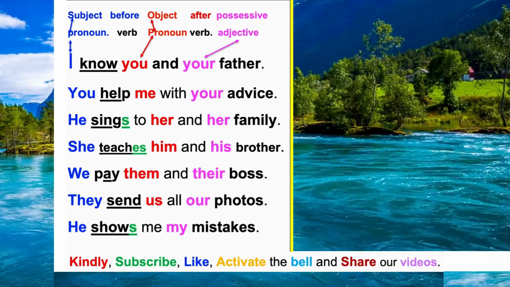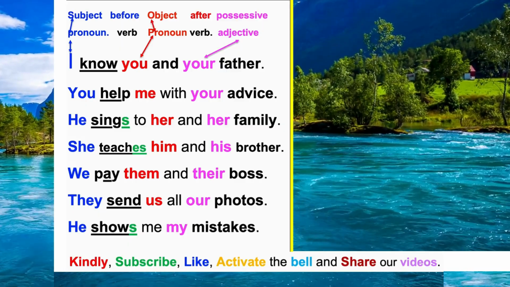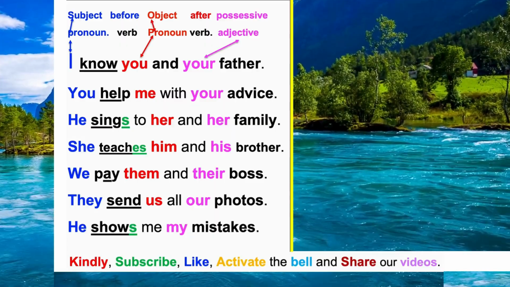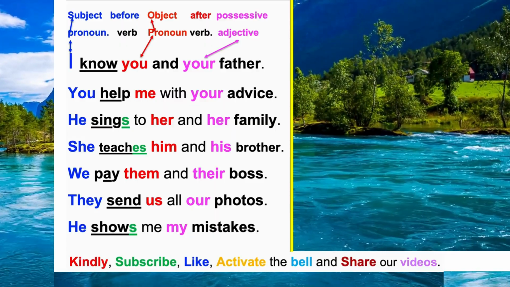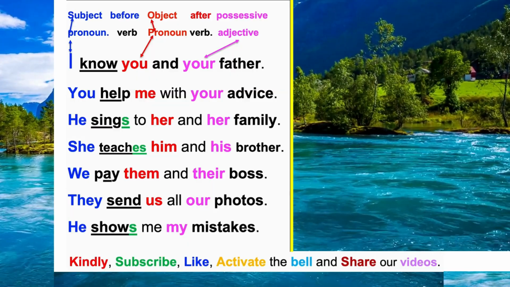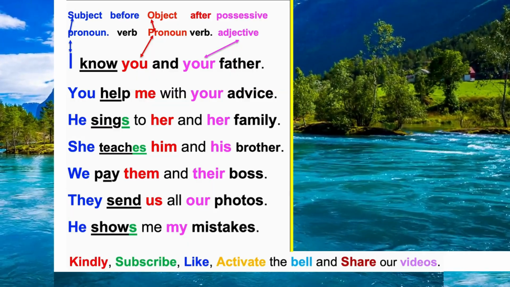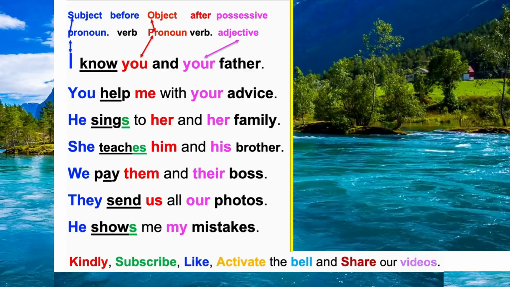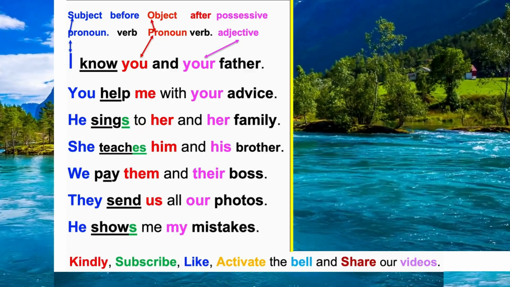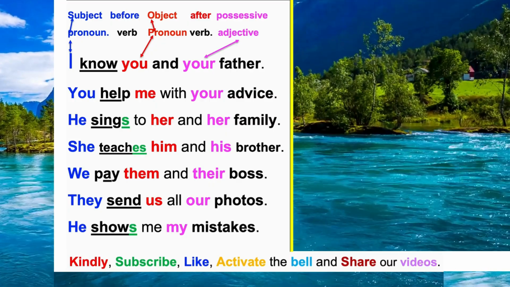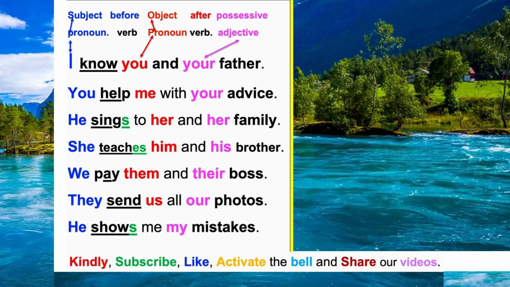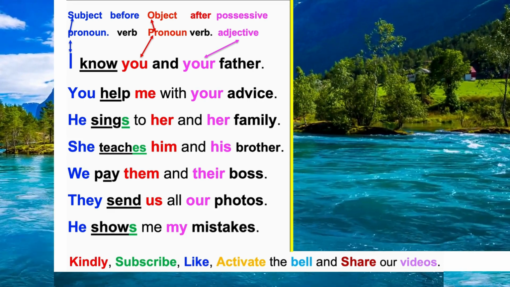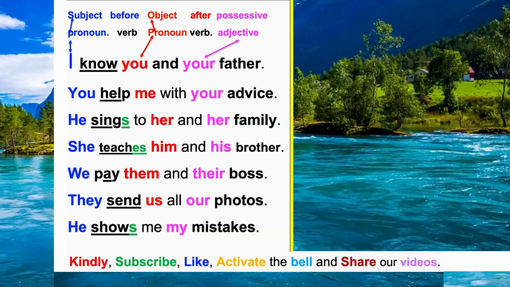So where is the subject pronoun? It's I. Why is it a subject pronoun? Because it's before the verb know. And what is you? You is an object pronoun. Why? Because it's after the verb. And we have a possessive adjective. Why? Because it is before a noun, father. So I know you and your father.